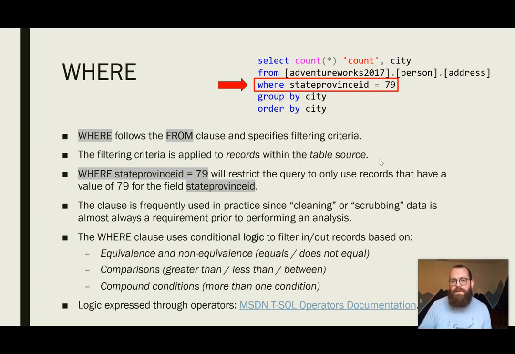And so within the where clause, you cannot use any column aliases. If we were to rename city with a column alias of city name, we could not refer to city name in the where clause because that column or field does not exist in the original table. So that's one important note with where.